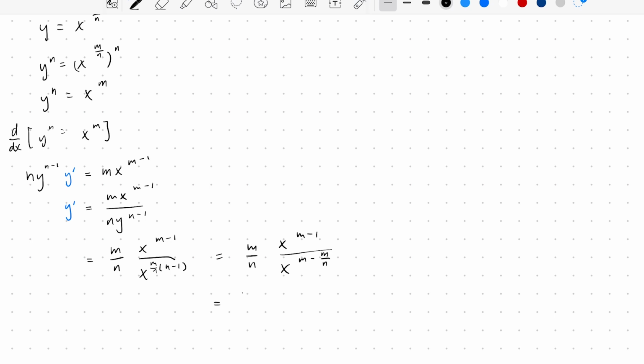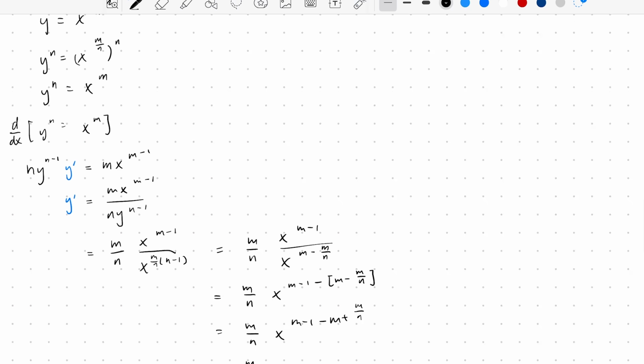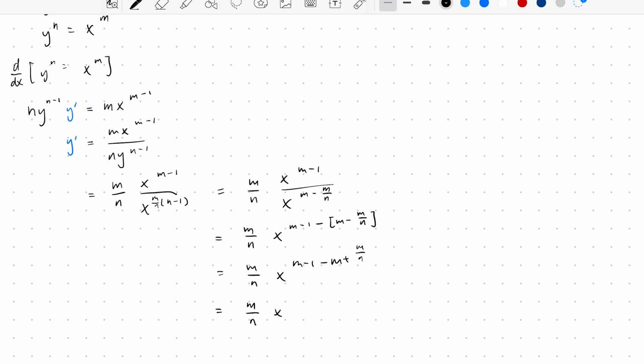Now using exponent rules, we can combine this into a single power of x. So we subtract the entire bottom exponent, expanding our bracket. The sign changes, so be careful. We get these two are gone, so we get m over n minus 1.